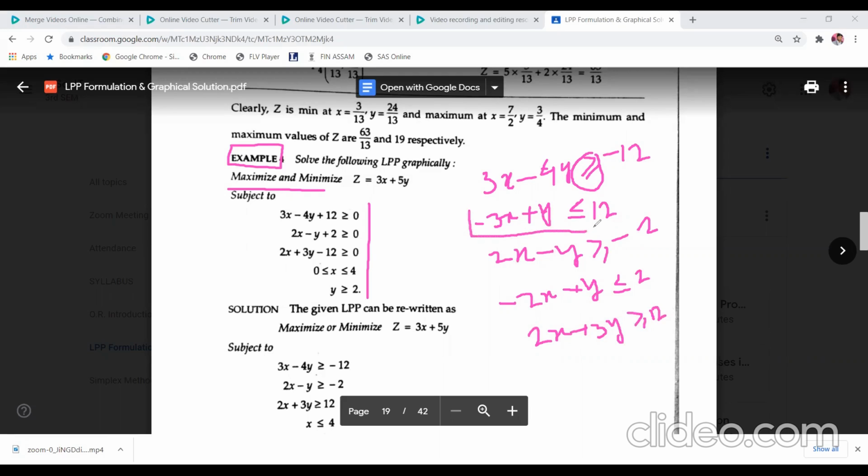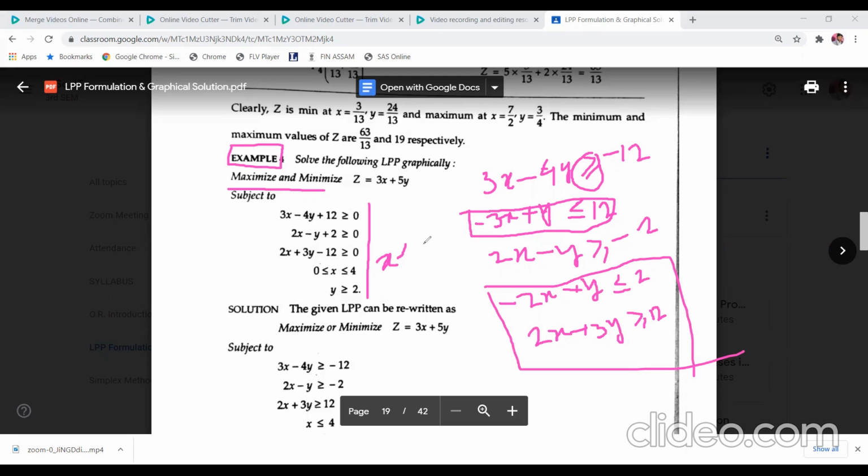This is the first one, and this is the second and third one. So we have 3 inequations here. And another one is x less than or equal to 4. What you need to do is convert these inequations into equations, replacing the inequality sign by the equality sign.